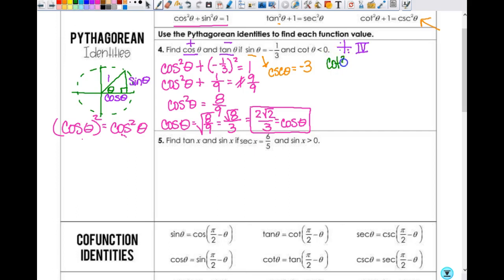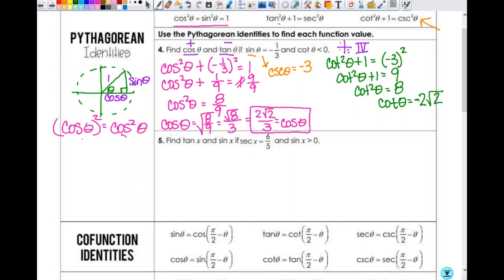So cotangent squared theta plus 1 equals that cosecant, which is negative 3, squared. Everybody with me? So I get cotangent squared theta plus 1 equals 9. So cotangent squared theta equals 8. So cotangent theta equals what? 2 square root of 2. Is it positive or negative? We're in the fourth quadrant, so it is negative, right?